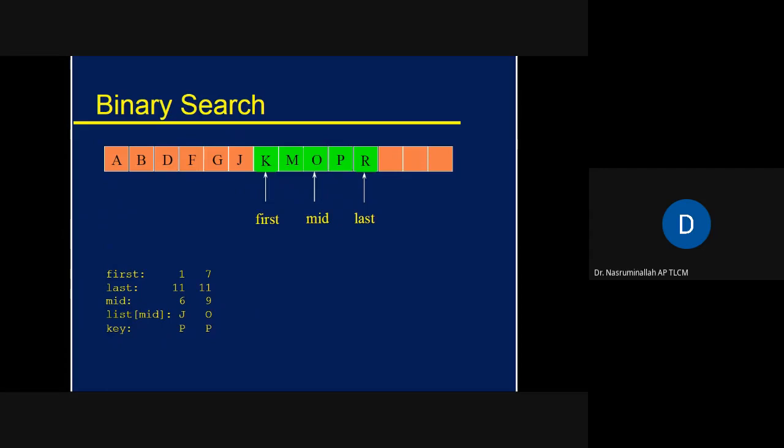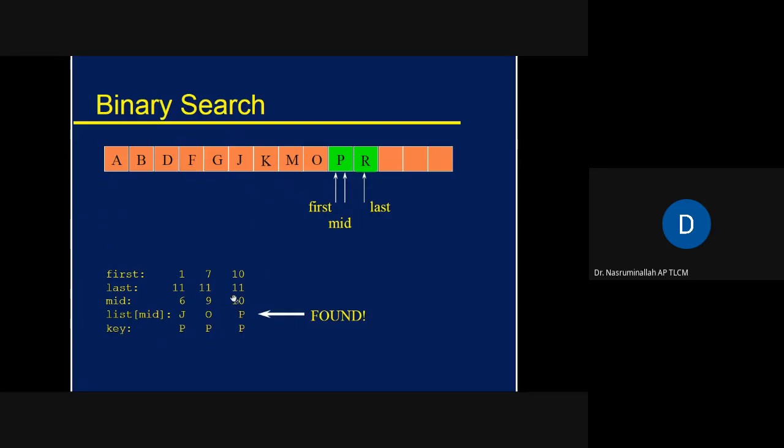So again we will move on to the next step of the loop. We have to revise the first, mid and last. So the first will be moved to mid plus 1, that is P. Last will be as it is. So the first is at index 10, last is at index 11. 10 plus 11 divided by 2, and if we round it down it will become 10.